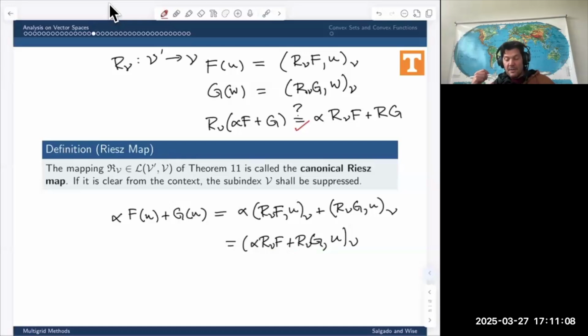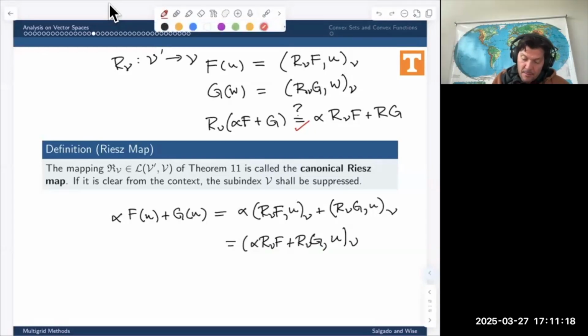Now, what about boundedness? Well, boundedness just says I need to show that something like, let's revert back to black. So for boundedness, I need to show what?